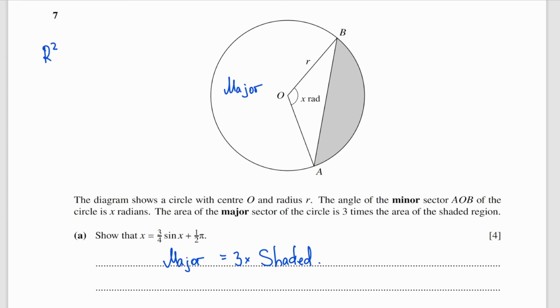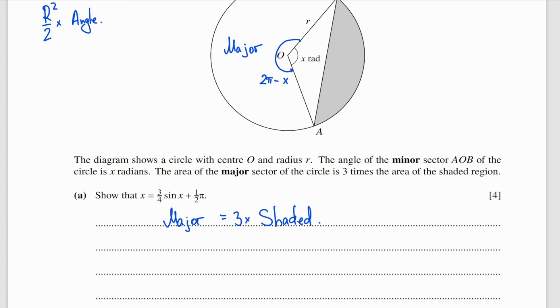There's a formula, r squared over 2 times the angle. Now, which angle do we need? The large one, the reflex. And in radians, it's going to be 2 pi minus x. So we can already put it down to the left-hand side, r squared over 2 times 2 pi minus x.